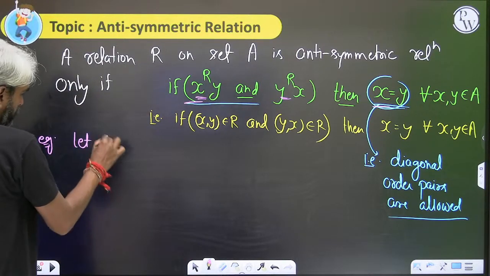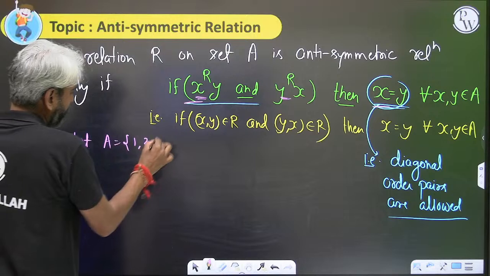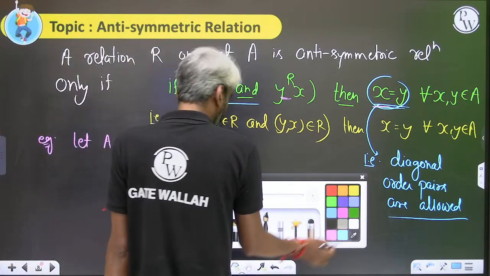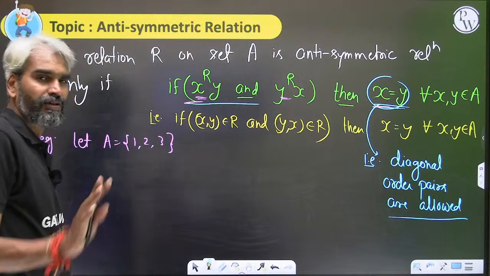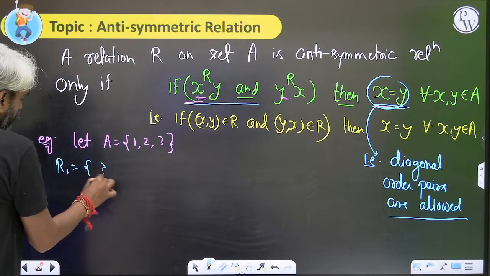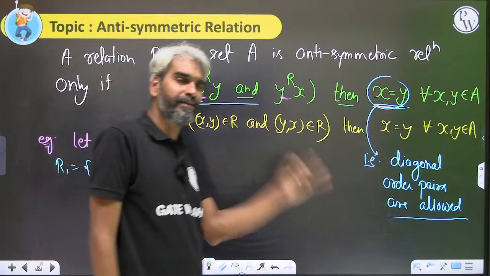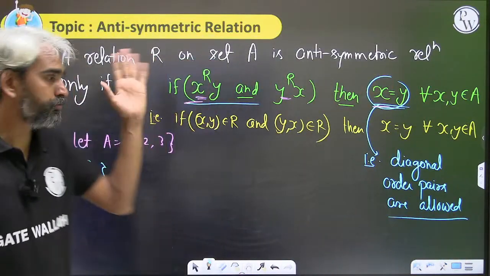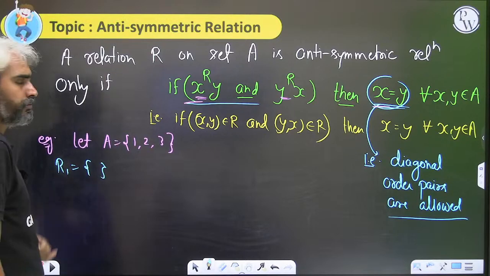Let A equal 1, 2, 3. Again, please try to understand, apart from the reflexive relation and the diagonal relation, the empty relation will be irreflexive, symmetric, antisymmetric, asymmetric, transitive, everything. Forget about equivalence and partial order, we are not there yet.